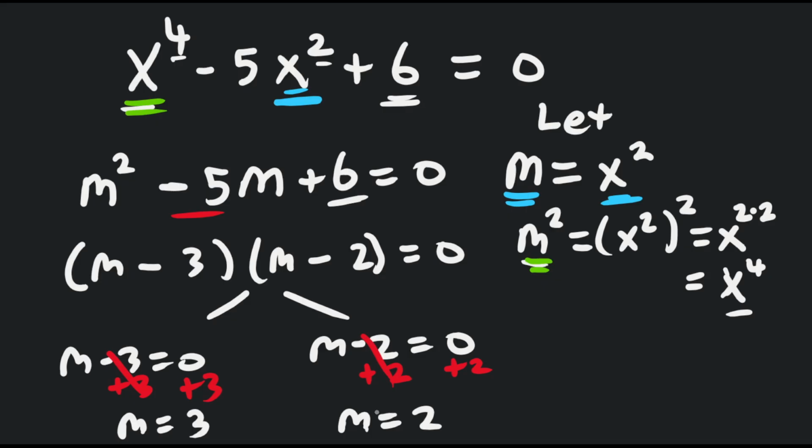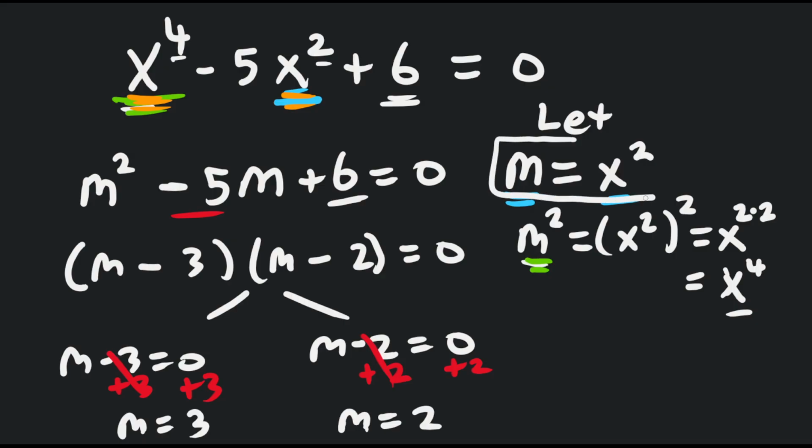Good. Now, we're actually not done yet because we solved for m. We have m equals 3 and m equals 2. But remember, our goal was to solve for x. Our original variable right here is x. So we're not done yet, but go back to what we let m equal right here.